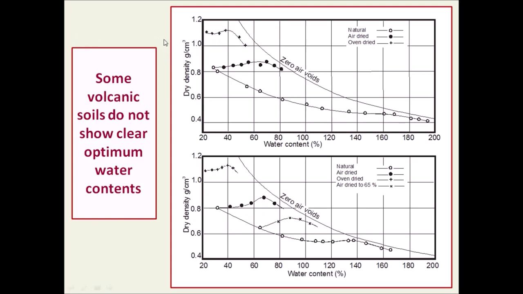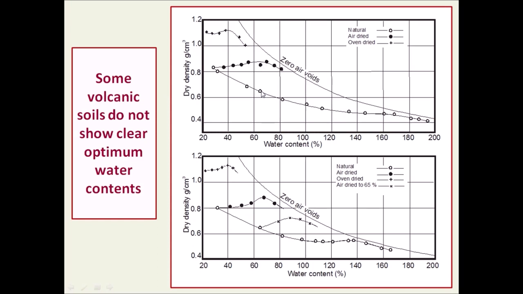So your laboratory may give you a curve of this sort here, and then the consultant will write a specification identifying an optimum water content here and identifying a maximum dry density. The contractor will dry the soil back to that range there that the specification requires, and then compact it and find he or she is totally unable to achieve this dry density up here.